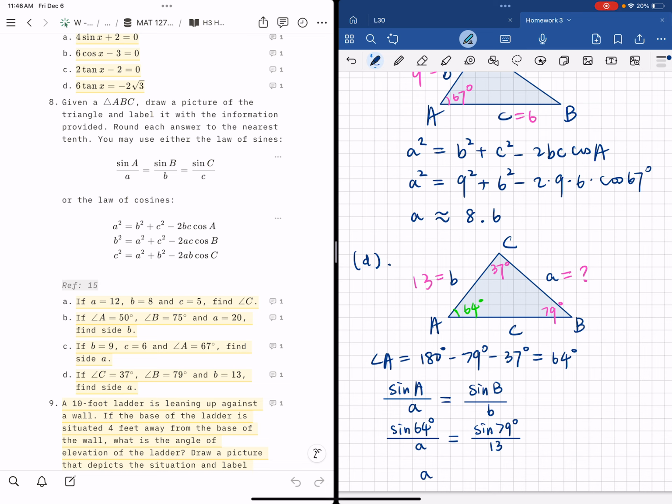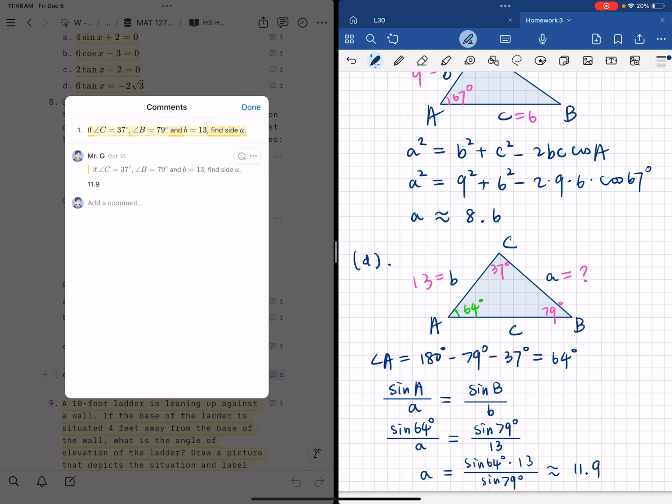And that means A is, if I do cross multiplication and isolate A, sine of 64 degrees times 13 divided by sine of 79 degrees. And if you use your calculator, it should give you approximately 11.9. And let's see if that's right. Yeah, 11.9.